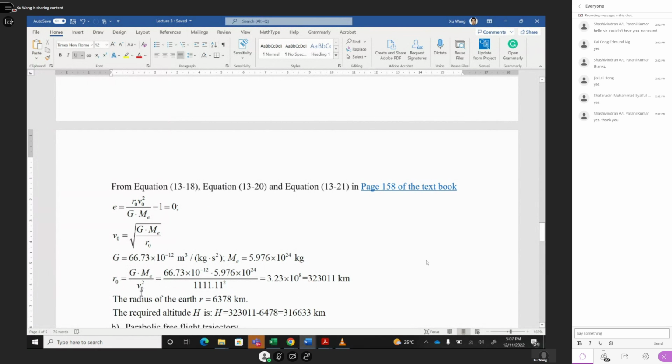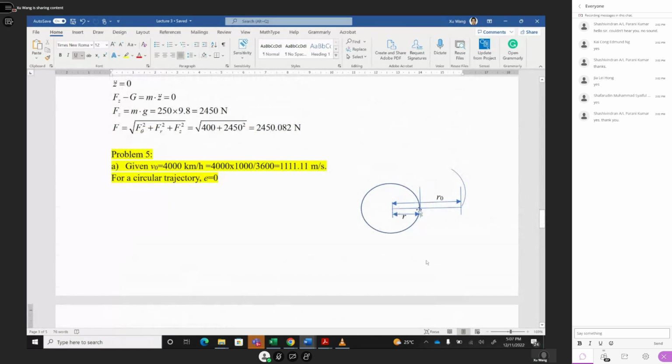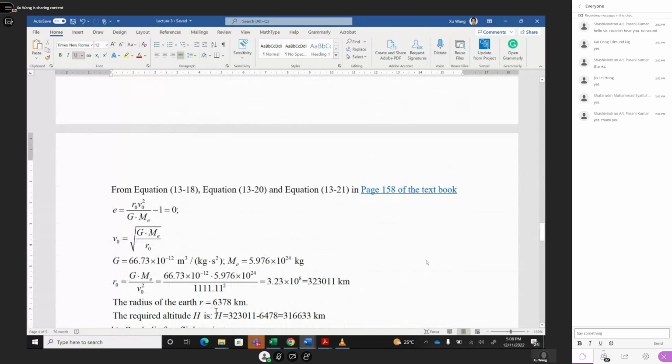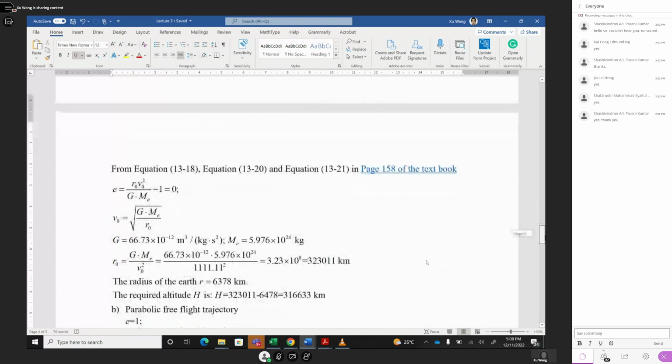V0 is the initial velocity, and you can calculate this R0. This R0 is from here to here, so you have to subtract the Earth's radius to get the H. So H should be equal to R0 minus the radius of the Earth, equal to 316,633 kilometers, and that's the height, the altitude. This is for the first question.